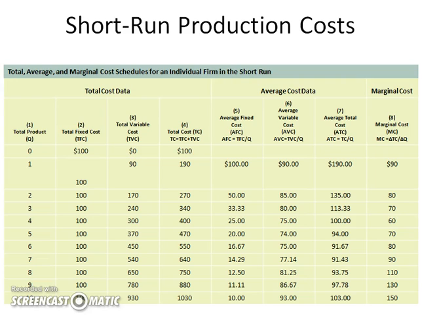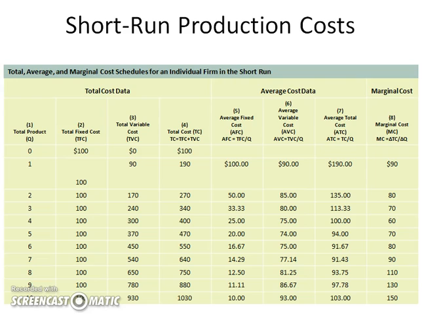Here we can see a chart that shows us our short-run production costs. This is the production function that I'm sure you all remember from Farmer Joe. Our first column is total product. Our second column is total fixed cost, which is always 100. Our third column is total variable cost, which increases as we hire each worker. Our fourth column is our total cost, which is simply columns 2 and 3 added.